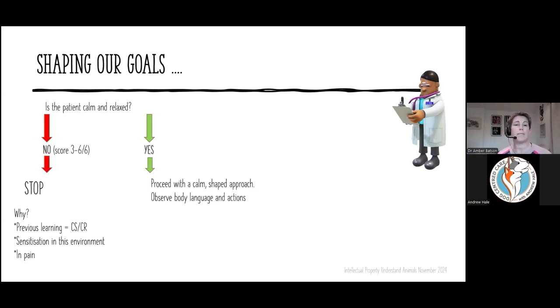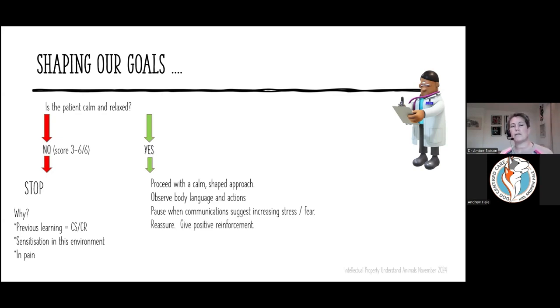And we should, of course, during that time, be using that FAS scale to observe the body language and actions of the dog. If we're seeing the dog shifting up that scale, so they're starting to get a little bit higher on their scores, put in a few more pauses, give them a little bit more time, give them a little bit more reassurance, encourage their human to give them a little bit more reassurance. And of course, if they're dropping down a score, then that hopefully is a green amber light to continue, but continue monitoring.